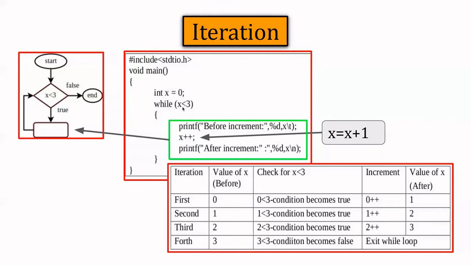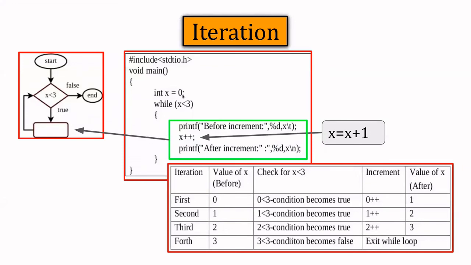Here this program shows the iteration process. Hash include stdio.h. There is no return value, void main, the function main. Within this open curly bracket and close curly bracket, here is the start of the main function, and here is the end of the main function.